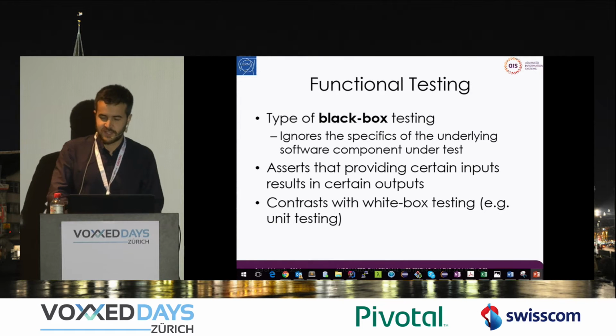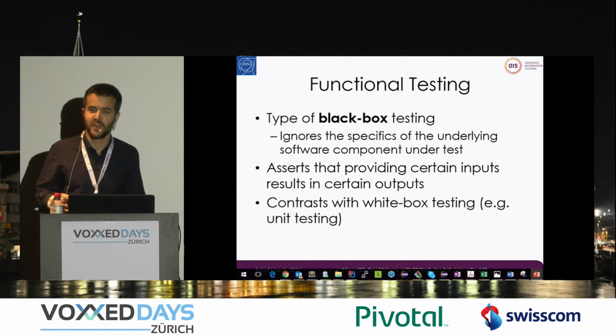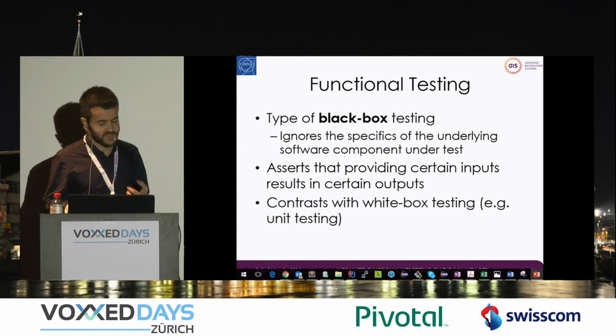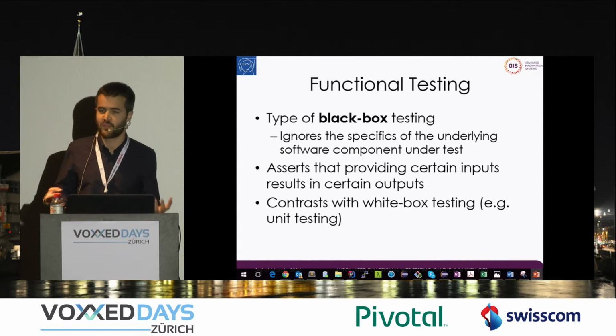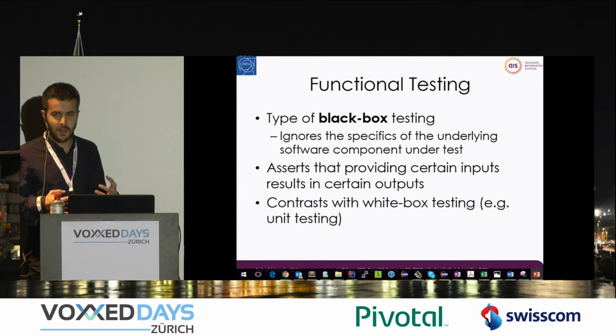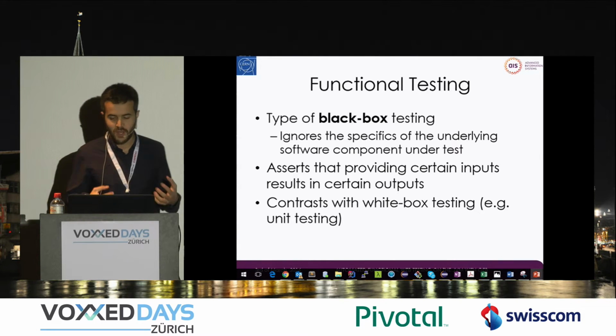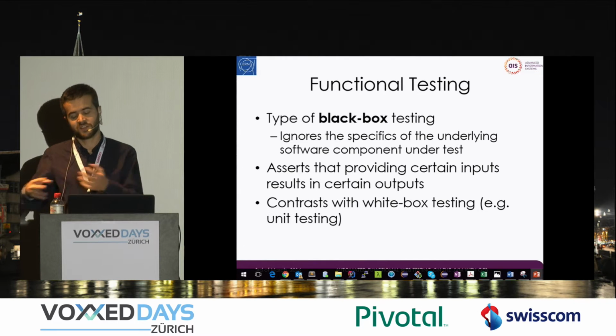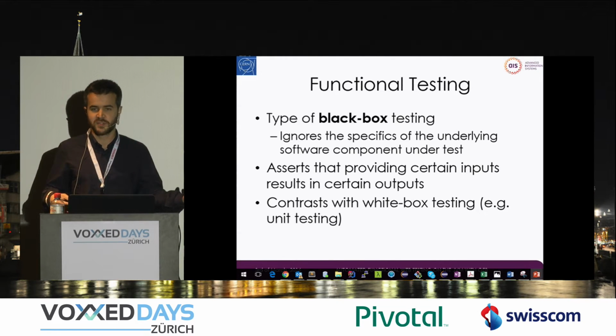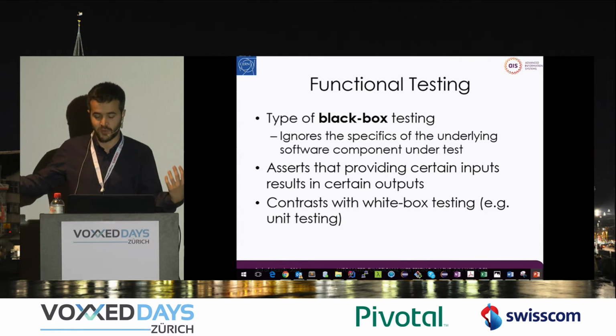So with functional web testing, a bit of definition, so we make sure we are on the same page for the remainder of the presentation. Functional testing, what does it mean, right? Functional is a very broad term. It can mean many different things. But within the scope of this presentation, what I mean by functional testing is that the tester is only concerned that certain inputs will result in certain outputs.